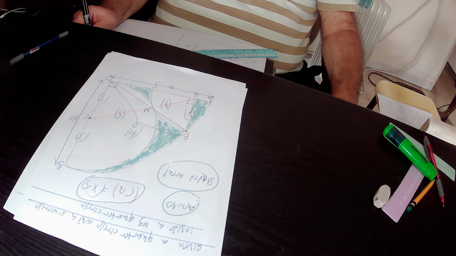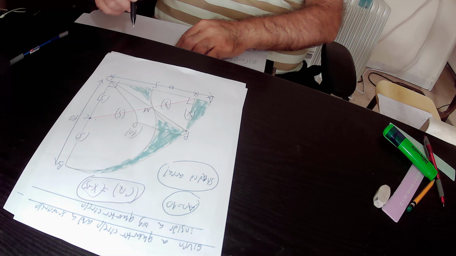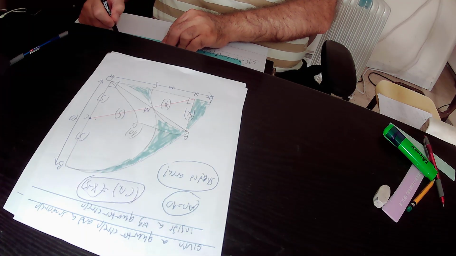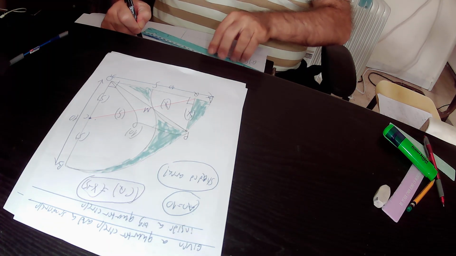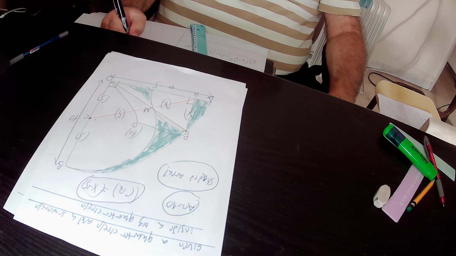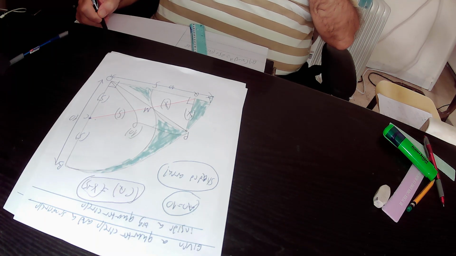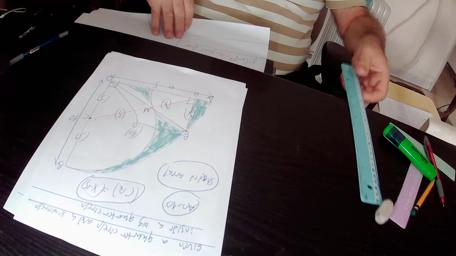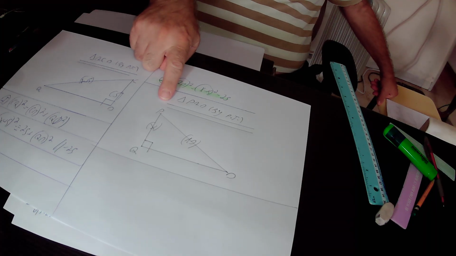Here PT is the abbreviation for Pythagoras theorem. So actually this is the right triangle PQO that we were looking at.